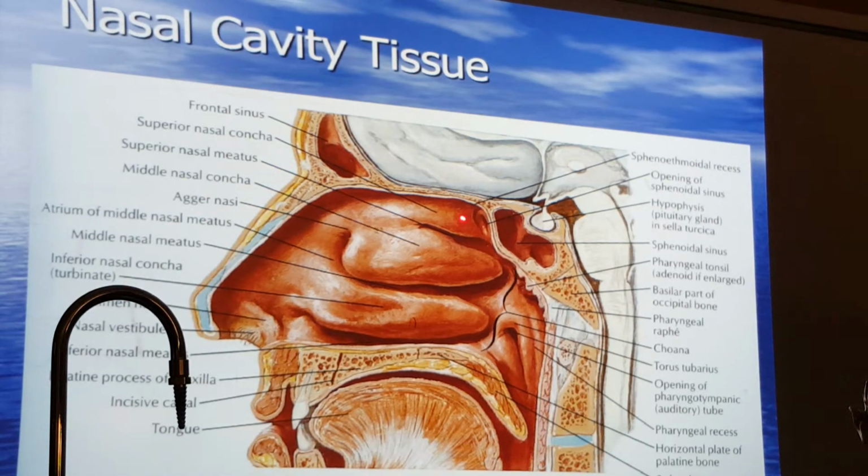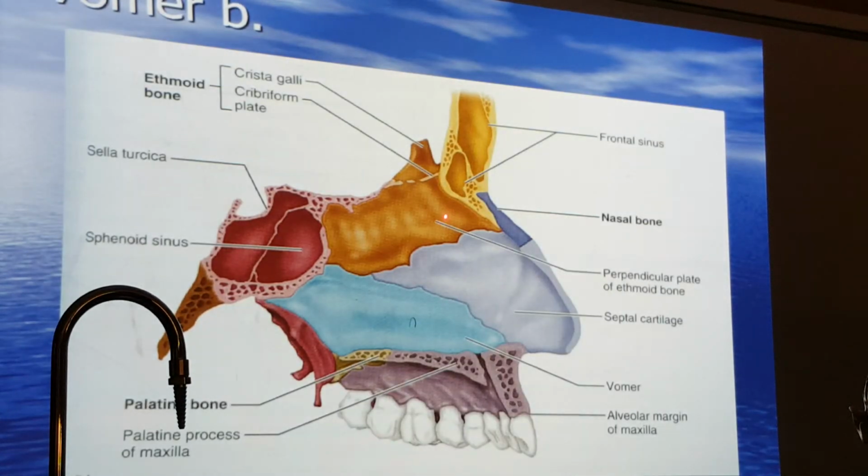There they are. You can see the superior nasal conchae with their posterior location. Sphenoid sinus. The inferior nasal conchae are separate bones. The middle and superior are part of the ethmoid bone. Okay? And the vomer is the Latin word for plow.